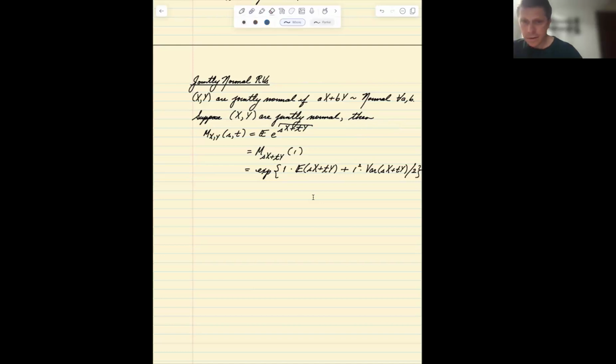Okay. Well, this is equal to e to the s mu_x plus t mu_y, that takes care of the expectation part, plus s squared sigma_x squared plus t squared sigma_y squared, all divided by 2, plus 2st sigma_xy, the covariance, all of this divided by 2.